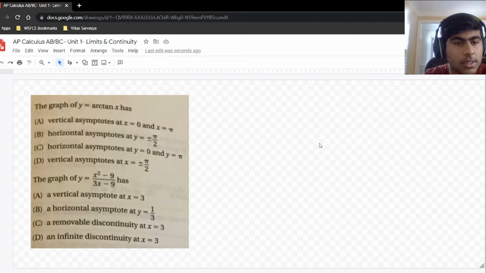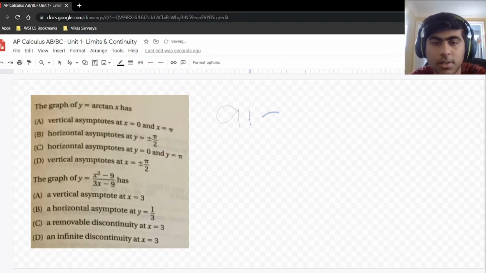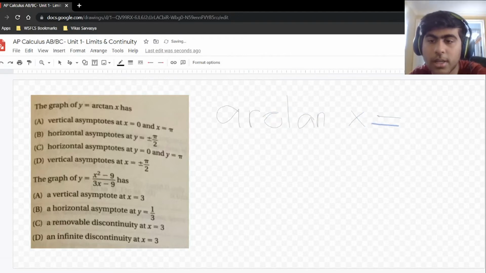Do we have vertical asymptotes at x equals 0 and x equals pi? Let's see if we can verify that. Let's write it like this: arctan x equals y.